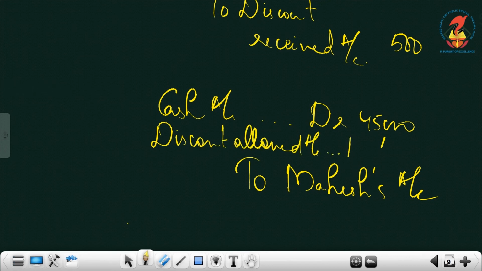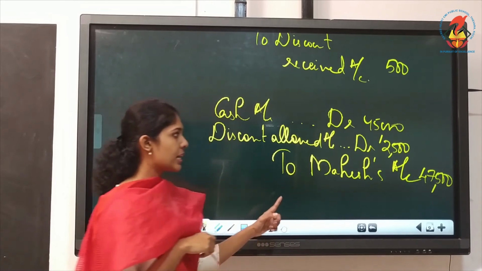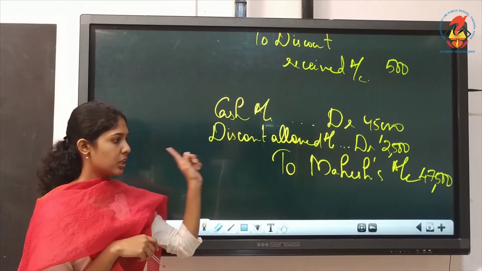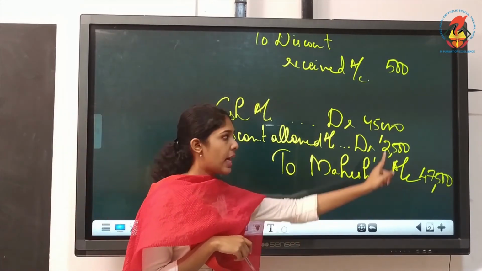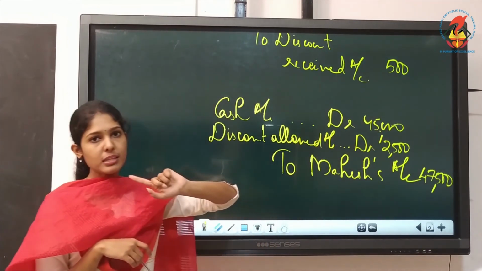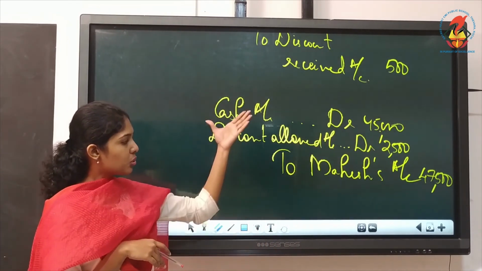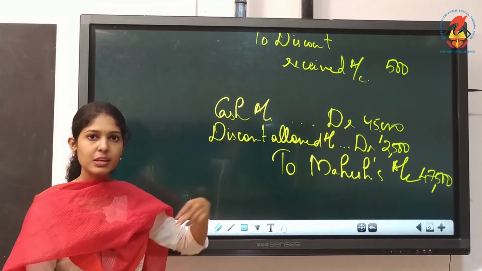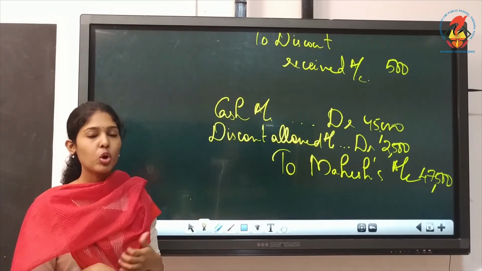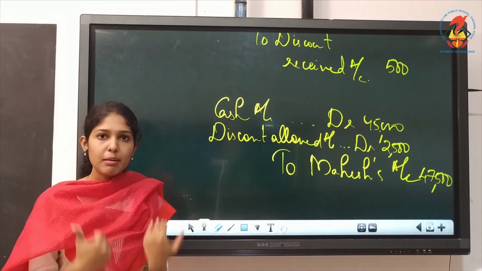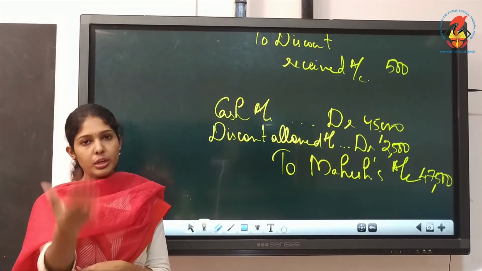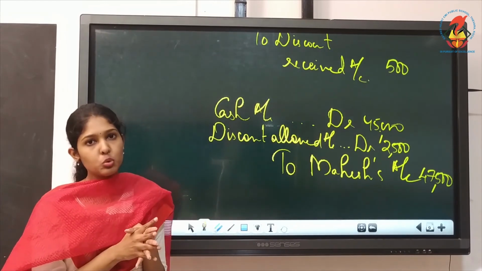So this is the entry, and the discount allowed amount is 2,500. So altogether Mahesh is 47,500. Now what will be the posting of this entry? Cash will be debited. You will write the name of the other account, and the amount will be what we wrote against cash. So though you don't write the exact entry in cash book, what you can do is just see what is the amount you received or what is the amount you paid. Directly you can do the posting.